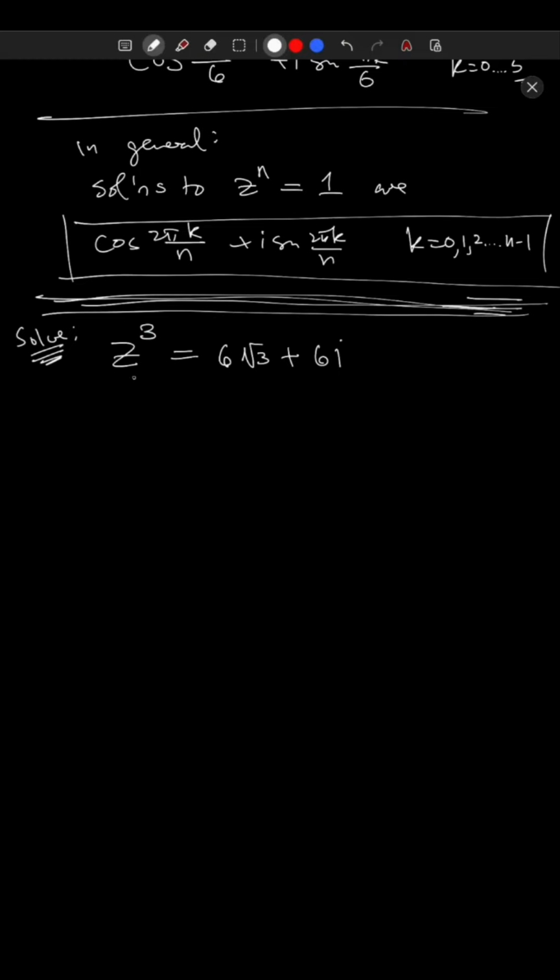So what we want to do is write both sides in trig form. All right. So the trig form of the right-hand side is a little more complicated than what we have been doing, but it's still going to be the same process. So what we have is this right-hand side is going to be r times cos theta plus i sine theta, right? 6 root 3 plus 6i is equal to this, right?